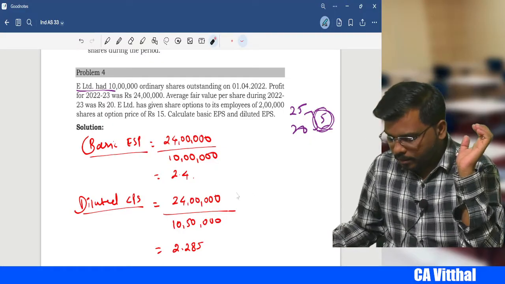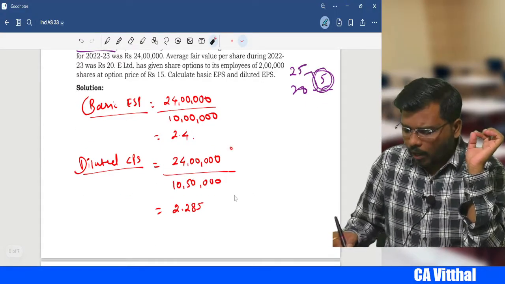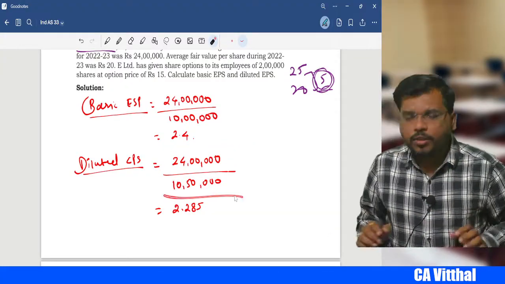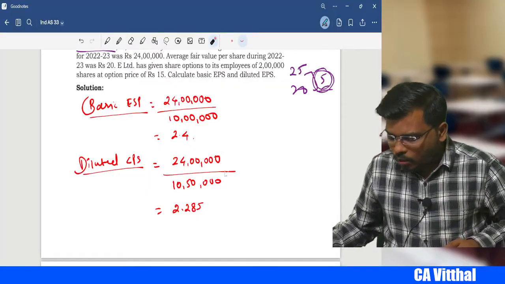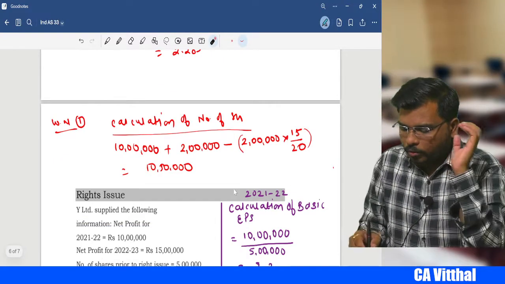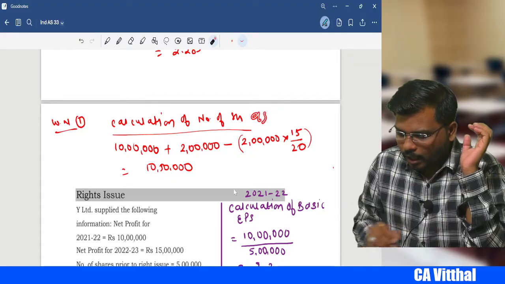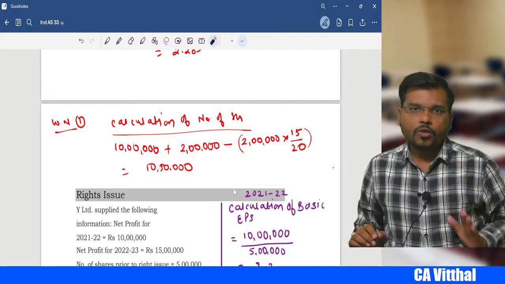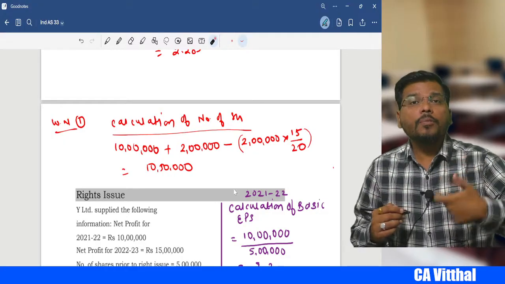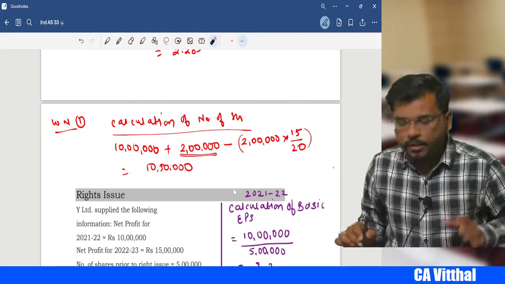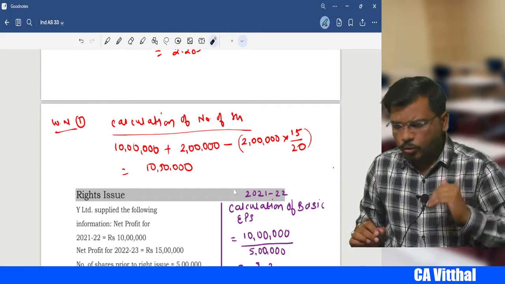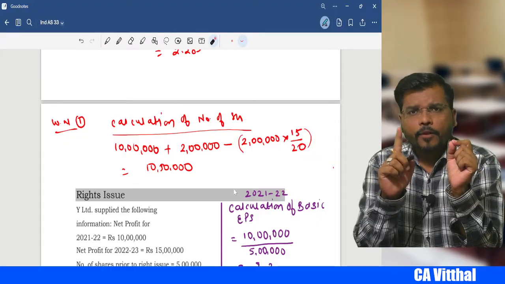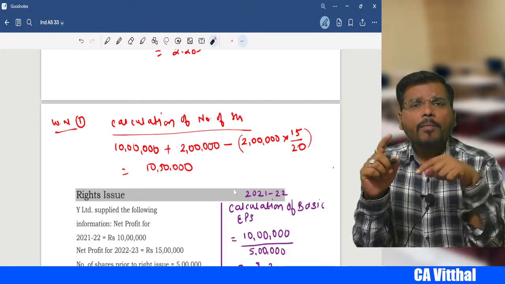Next, diluted EPS. Our net profit is not going to change due to the option or warrant. What is going to change? Your denominator. How to calculate that? Just focus. The opening shares are 10 lakhs, and 2 lakh options we are issuing. We need to calculate how many options are given other than cash. In that 2 lakh, if you pay 15 rupees you will get 1 share, but the market price is 20 rupees.